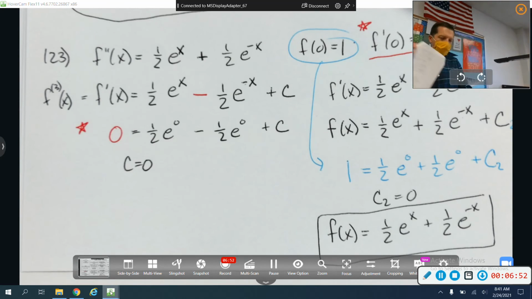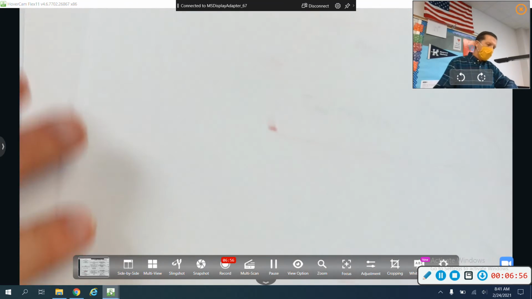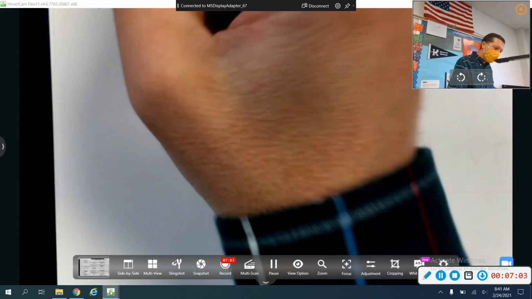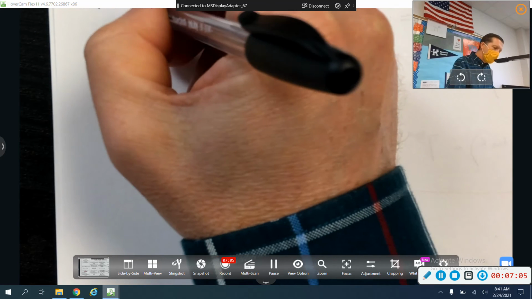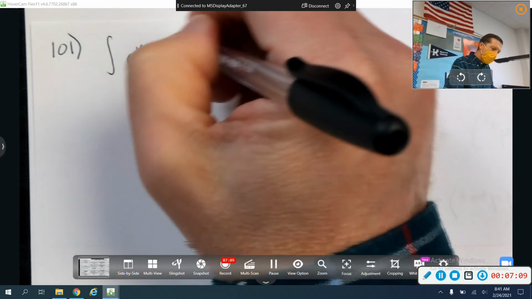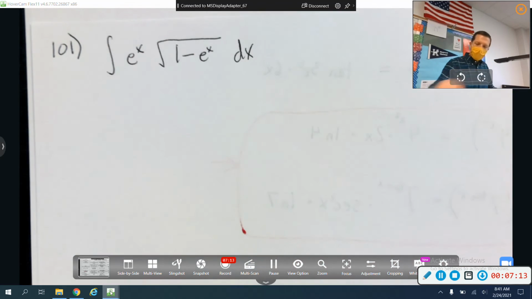101. Integral of e to the x times the square root of 1 minus e to the x dx.